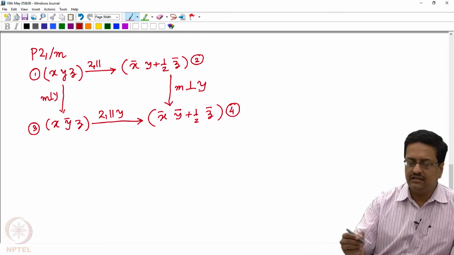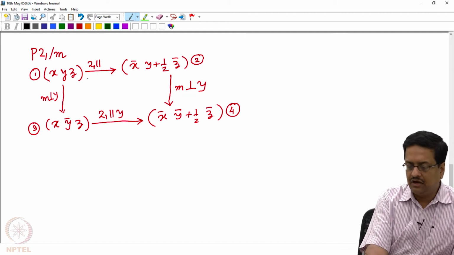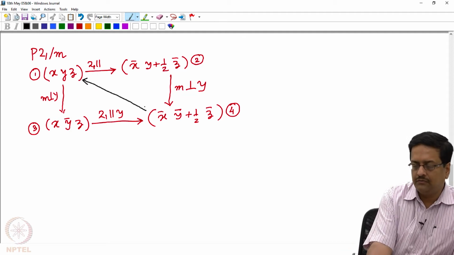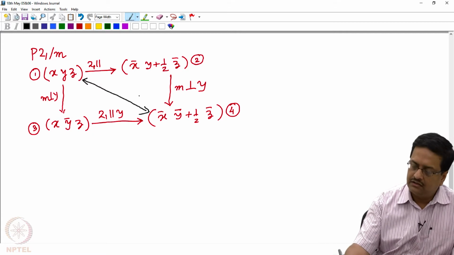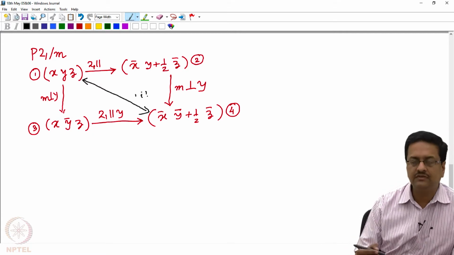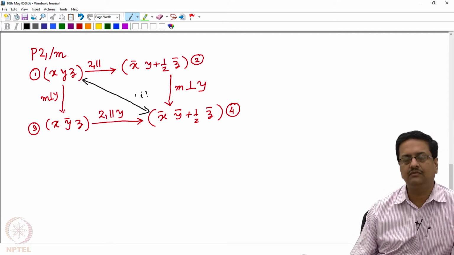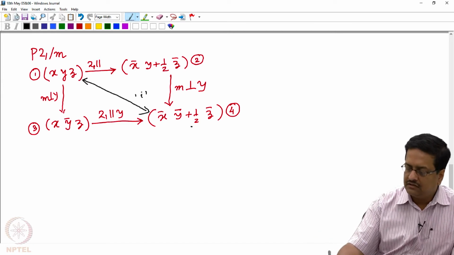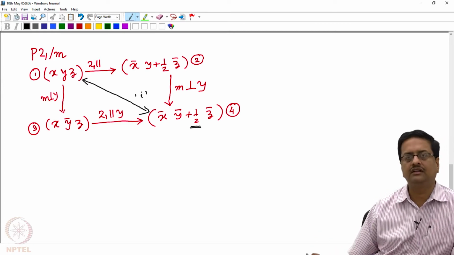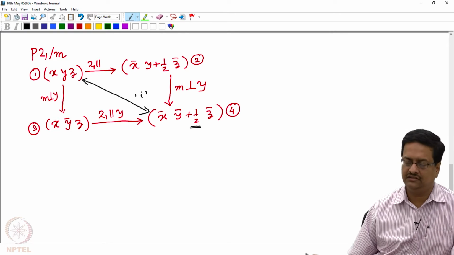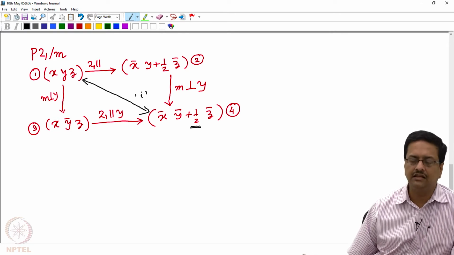Now what we see is that the points 1 and 4 are inversion related, of course, because they are x, y, z and x bar, y bar, z bar, but there is a translational component half associated with this inversion. So they are not exactly inversion related.